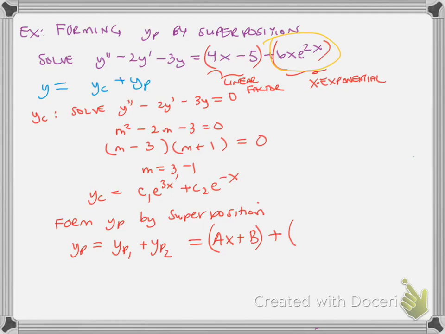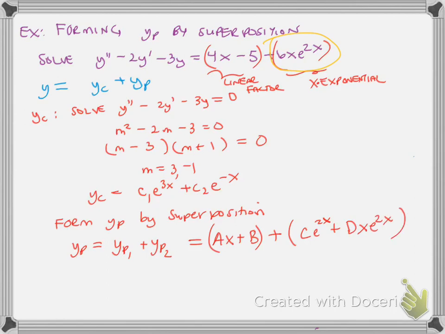To build that up, it would be c x e to the 2x. I'm sorry, I'm going too fast, I'm going ahead of myself. It would just be c e to the 2x plus dx e to the 2x.